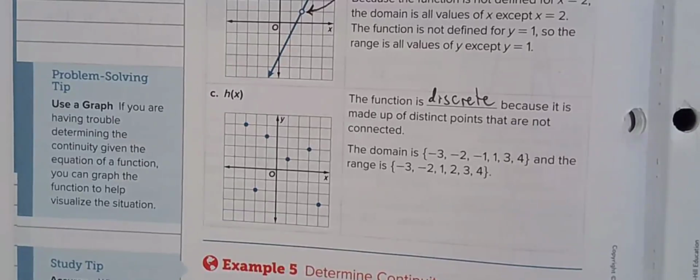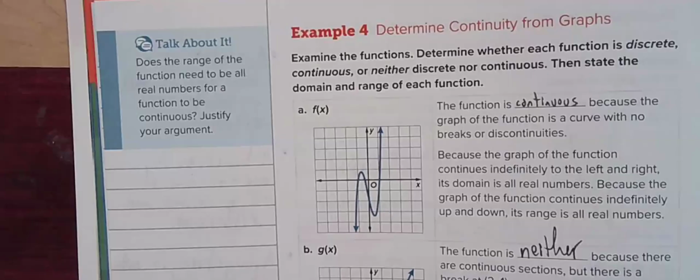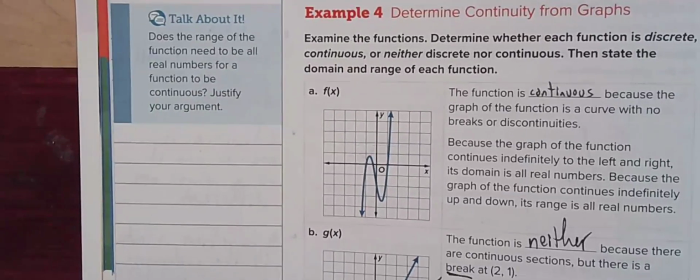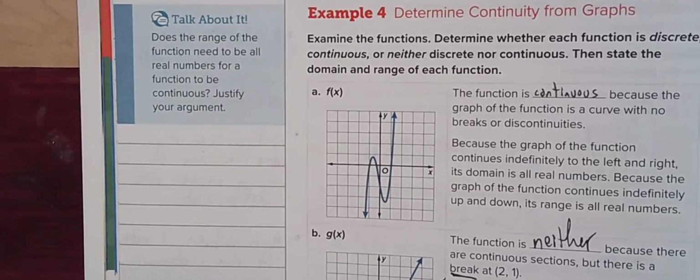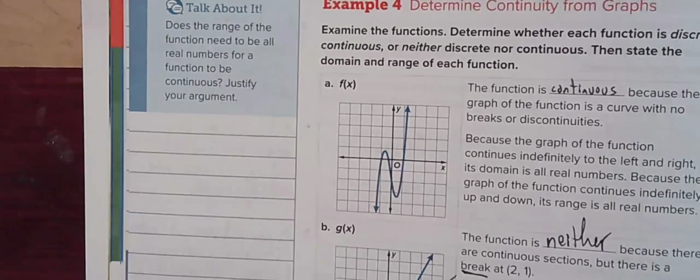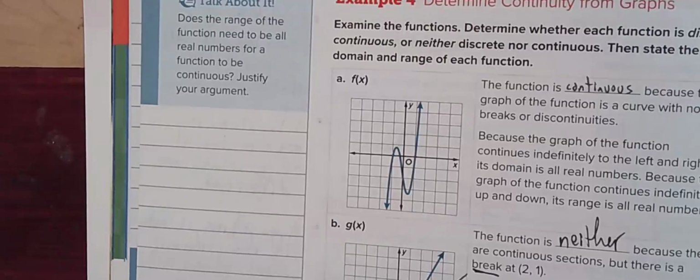I do want to go back up to the top here, upper left. I think this is a good question. Does the range of the function need to be all real numbers? The range, the y values. Do the y values have to be all real numbers for a function to be continuous? Does the graph have to be able to go all the way down and all the way up for a graph to be continuous?